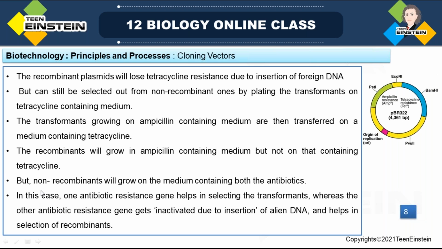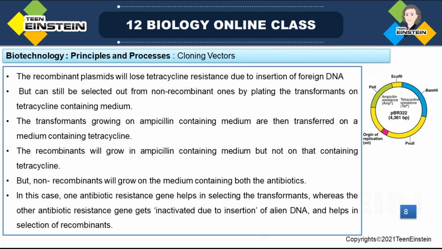So we can conclude that antibiotic resistance genes work as selectable markers, and they help to select the transformants. But other antibiotic resistance genes get inactivated due to the insertion of foreign DNA. When the foreign DNA is inserted, sometimes they lose the power of resistance.